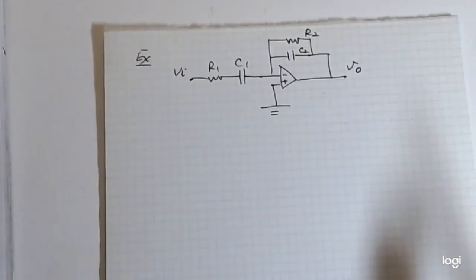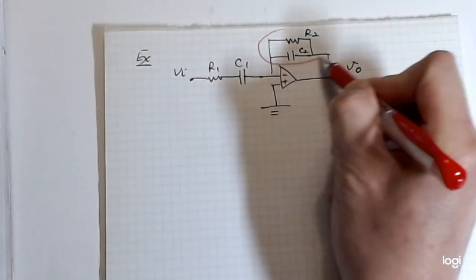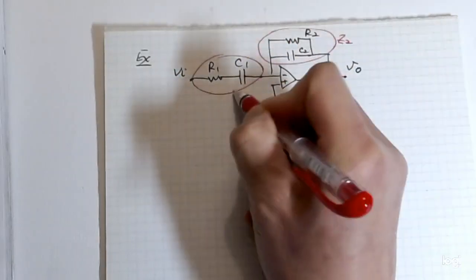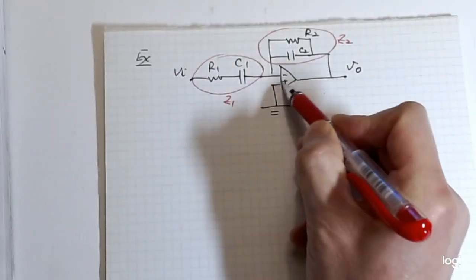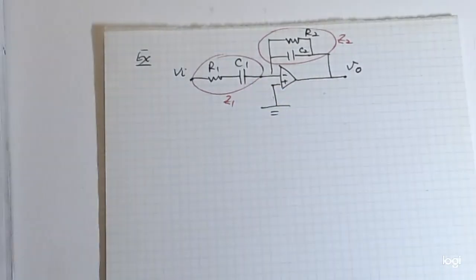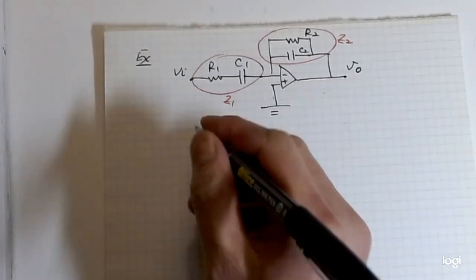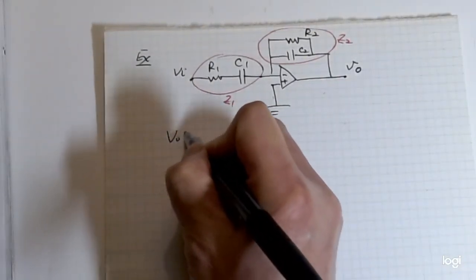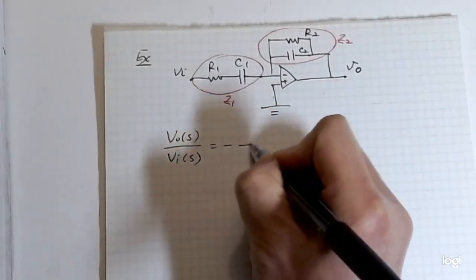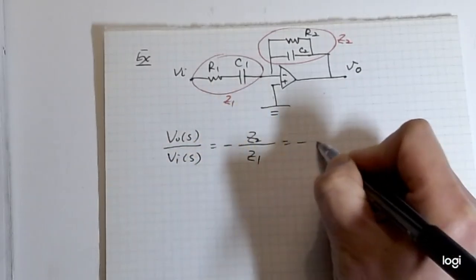Again, we can treat this as Z2, this is Z1, and now the inverting terminal is ground, so it should be analogous to the one we just showed earlier. So VO over V in in the s domain should be minus Z2 over Z1.